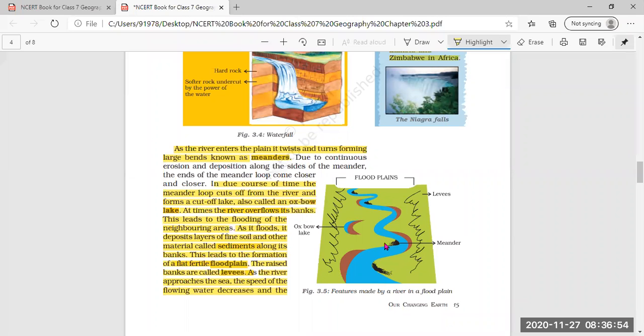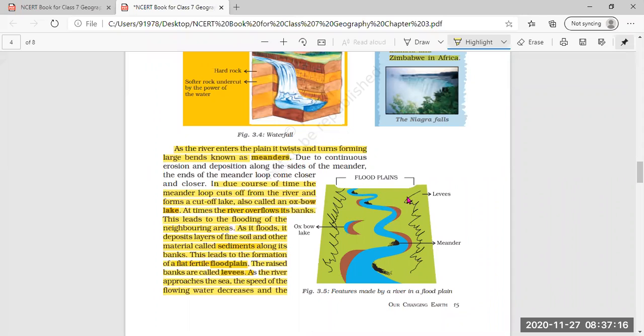This cutoff lake is also called an Oxbow Lake, a different landform that is separated from the main river. Clear? Again, I'm making you understand.